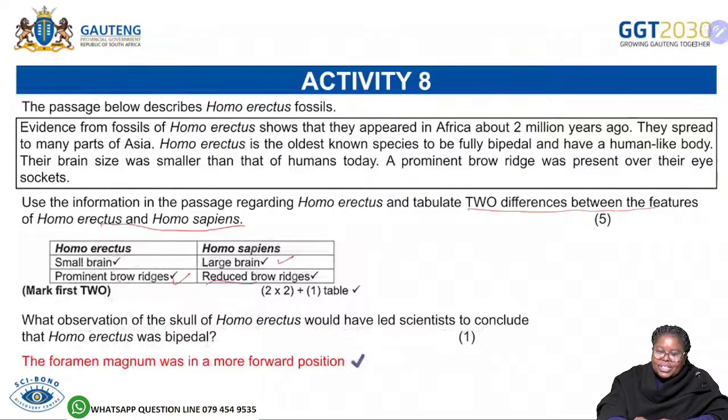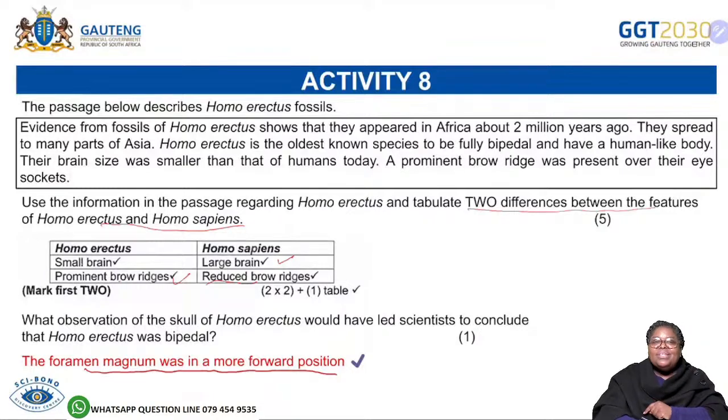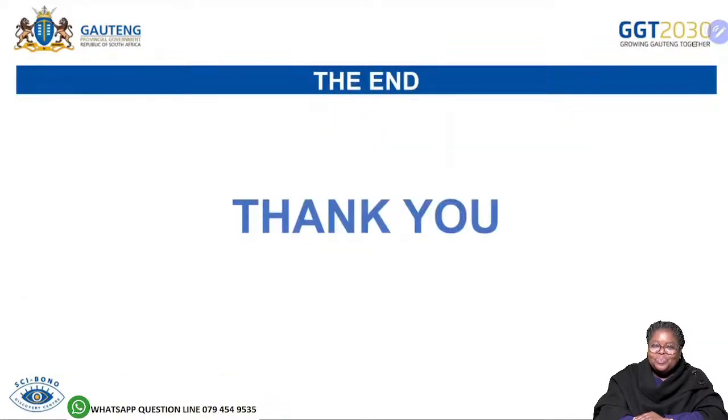The foramen magnum is in a more forward position. But if they spoke about the quadruped, you would be saying the foramen magnum is in a more backward position, right?